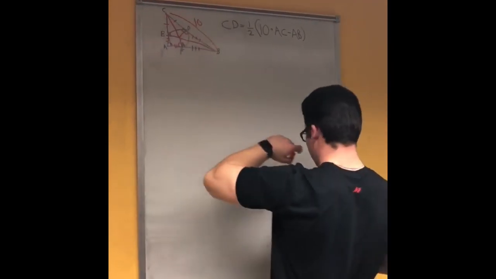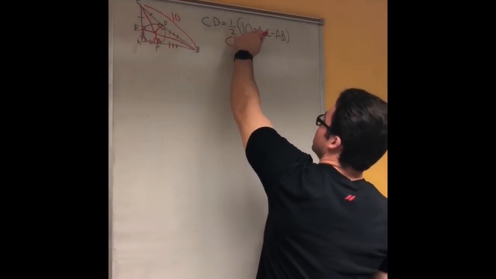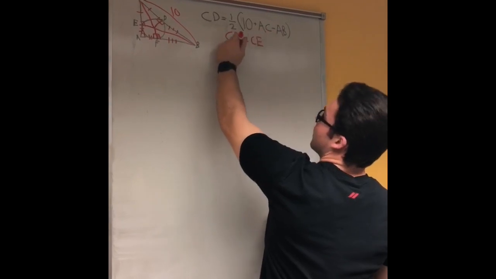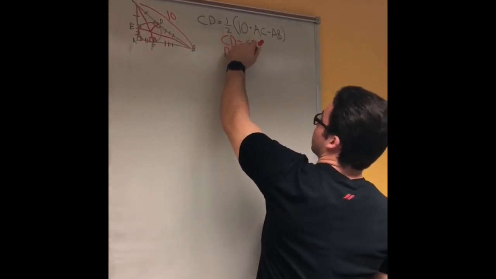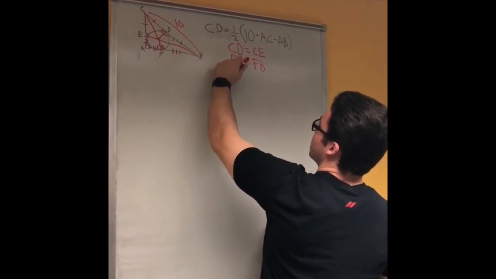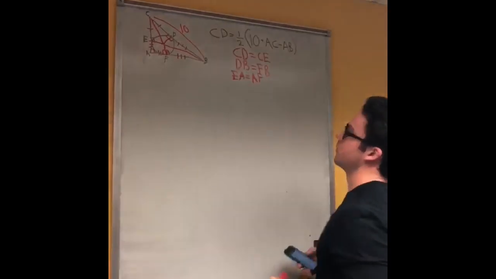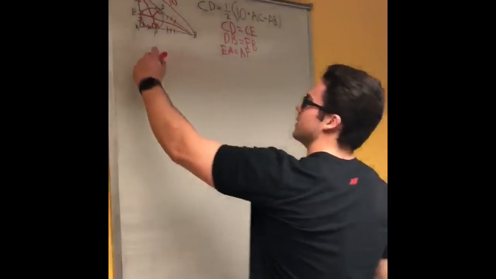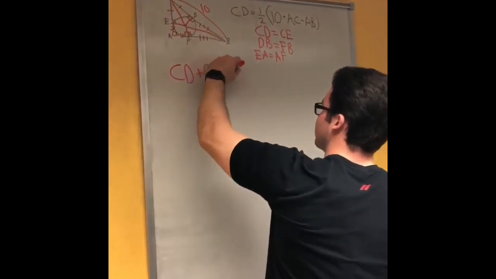So looking at this, we know that CD equals CE, DB equals FB, and EA equals AF. Looking at this, we know that CD plus DB equals 10.